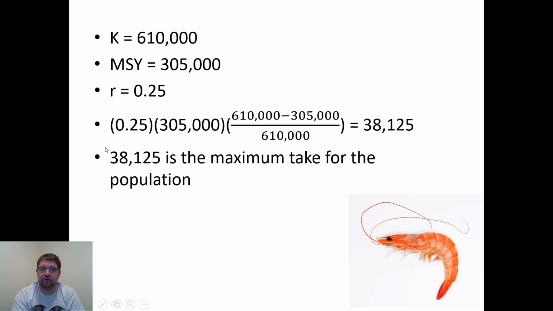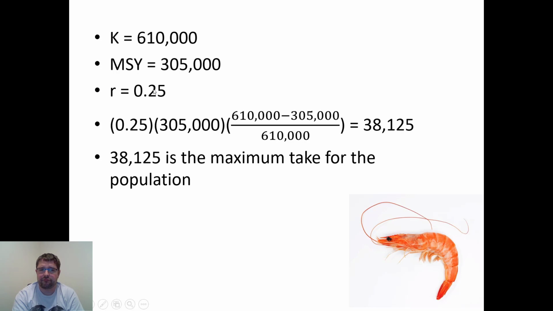So what a normal management or fisheries unit might do is they might have a rough estimate for K, which gives them a rough estimate for maximum sustainable yield. Their R is often calculated based on hypothetical situations, and I'll show you why that might be.